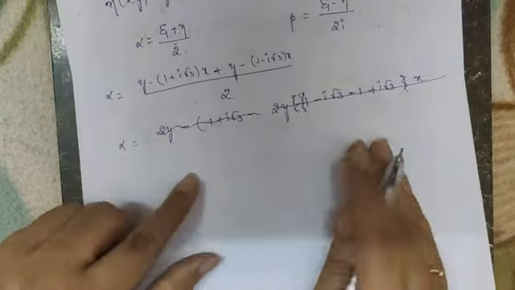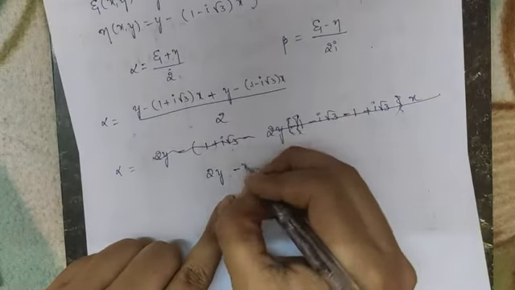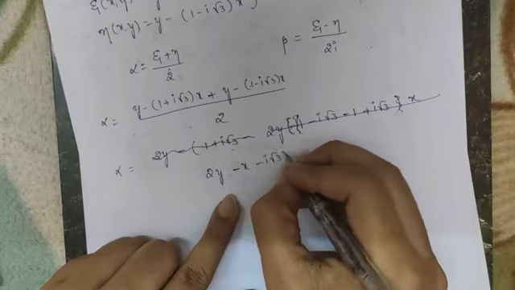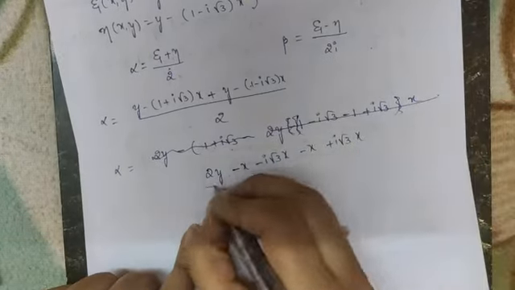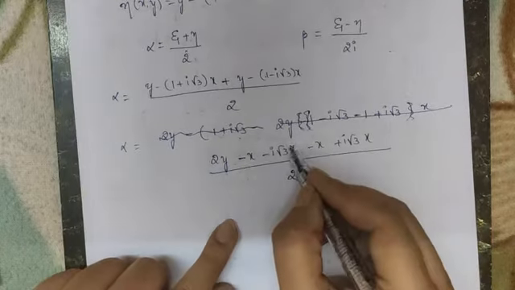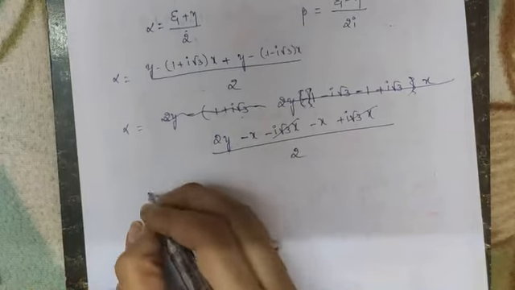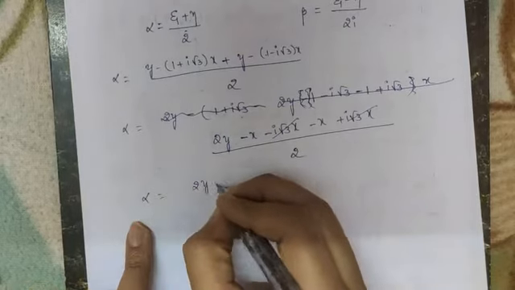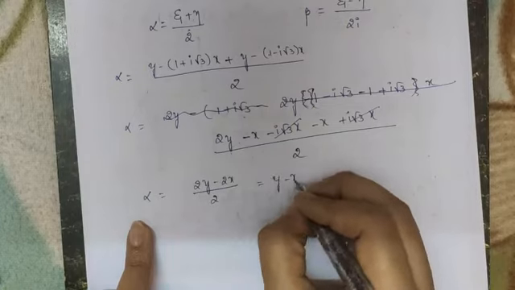Okay, I will rewrite this here. 2y minus x minus i root 3 into x minus x plus i root 3 into x whole divided by 2. So minus i root 3 into x plus i root 3 into x gets cancelled. You will get alpha as 2y minus 2x divided by 2. This is nothing but y minus x.